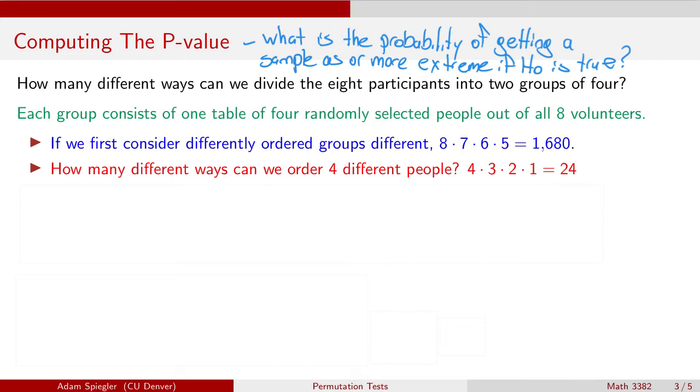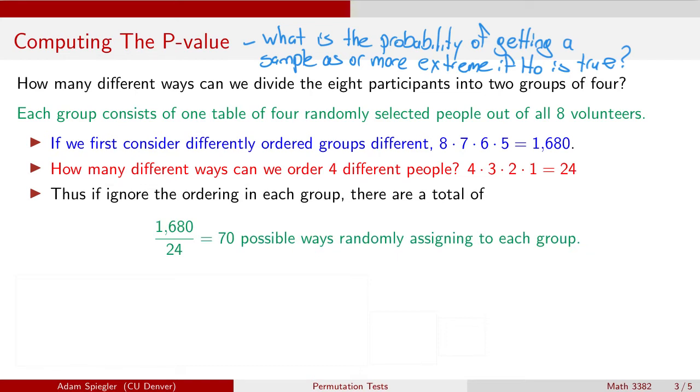So for each collection of 4 people, there are 24 different ways that we could order them. And we want to treat all 24 of those ways the same. So altogether, how many different setups do we have? We would take all of these possibilities and take into account that for each one of these setups, there are 24 equivalent ways of writing them. That gives us 70 possible ways that we could have assigned these 2 groups.